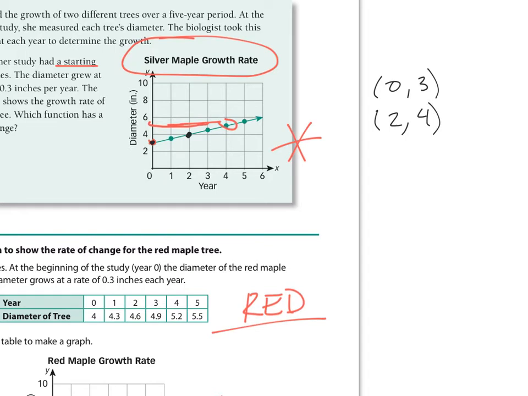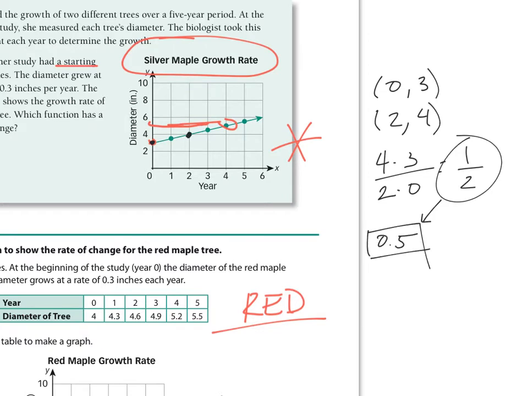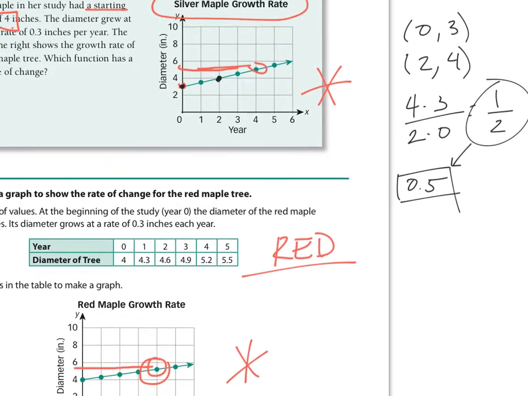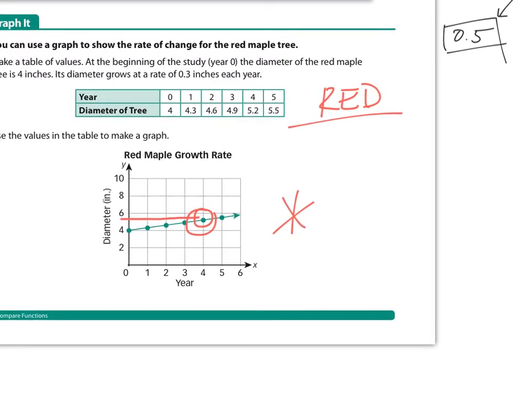Y2 minus Y1 over X2 minus X1. Right, 4 minus 3 over 2 minus 0. That's 1 over 2. Okay, so this has a slope of 1/2, or a rate of change of 1/2. If you'd like that as a decimal, that's not bad. We can make that one work. 0.5. Cool. All right, so the silver maple tree is 1/2, or just 0.5. Let's find some good points for this one.